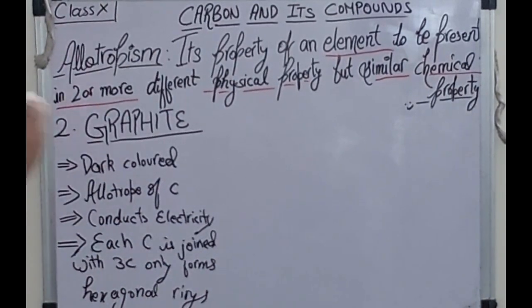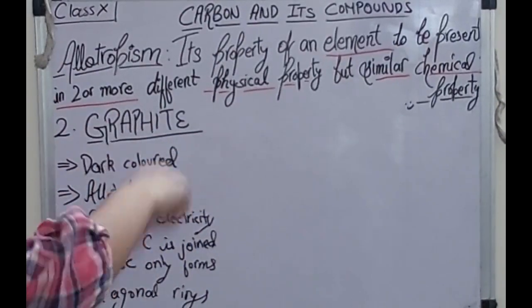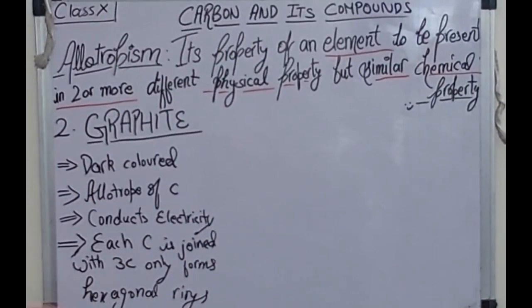Dark color is a physical property of it. Unlike the luster of the diamond, it is dark colored. It's not really lustrous. You can check your pencil. It is made up of graphite, the point from where you write. Okay. It's an allotrope of carbon.